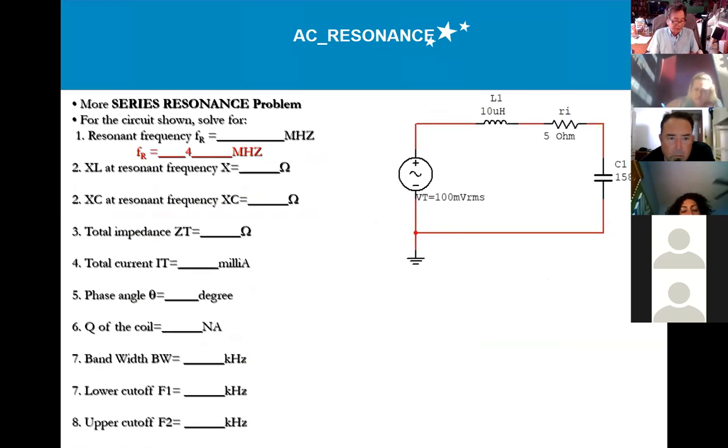That does not take much time: XL at resonance, XC, total impedance, total current, phase difference, Q, bandwidth, lower cutoff, upper cutoff. You're supposed to get it done for me. The harder calculation is the resonance frequency. I gave it to you, it will be 4 megahertz.